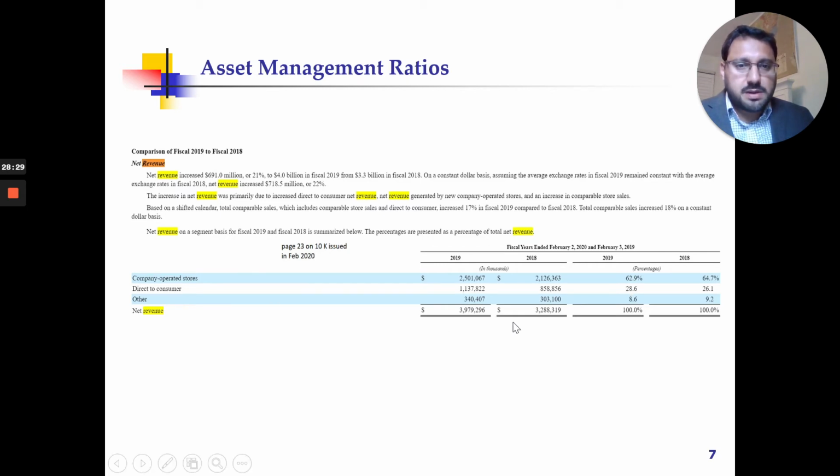So 8.6% of its total sales was on credit terms in the 2019 fiscal year, and in the 2018 fiscal year it was 9.2%. So likewise, try to find your number if you are doing the analysis, or if the number is directly given, you are very lucky that the credit sales are given.